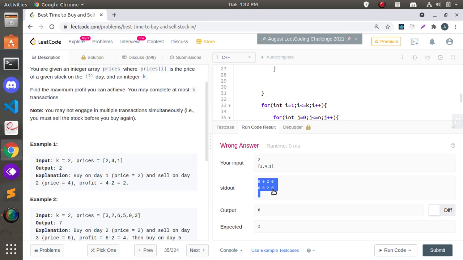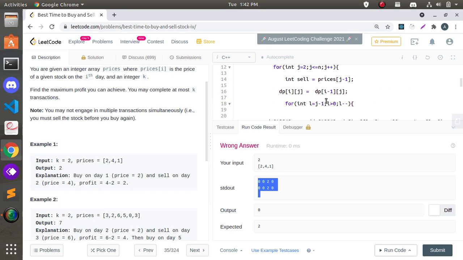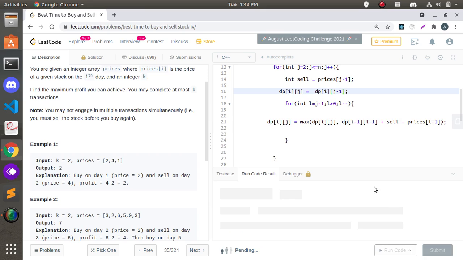So don't try to go to the i minus 1 transaction, just take that value. I think it will work.